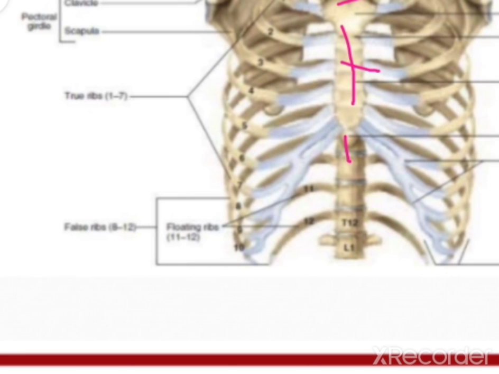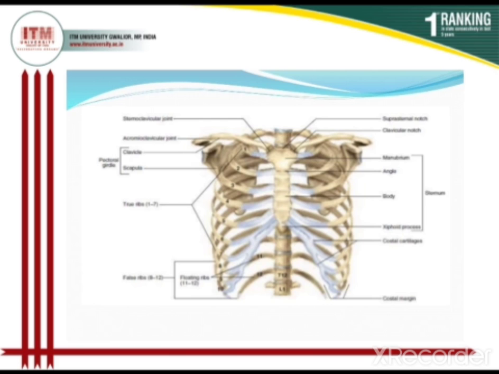Then the upper 7 pairs of ribs are called the true ribs. The sternum we have seen. Now see, these are the ribs.